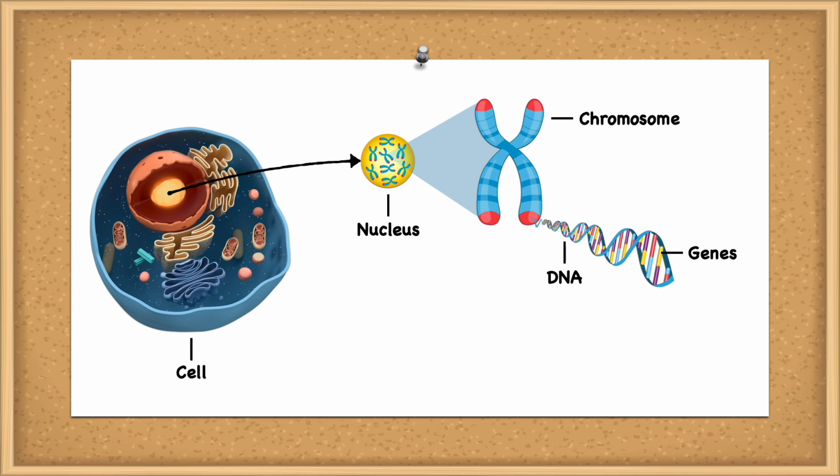So, we have a cell. Within the cell's nucleus, we have the chromosomes that contain the DNA, and that DNA contains the genes. Those genes contain the instructions to create proteins, and the proteins that are produced determine the cell's structure and function. Each cell has a complete set of the same genes, but the genes expressed in each type of cell are unique.